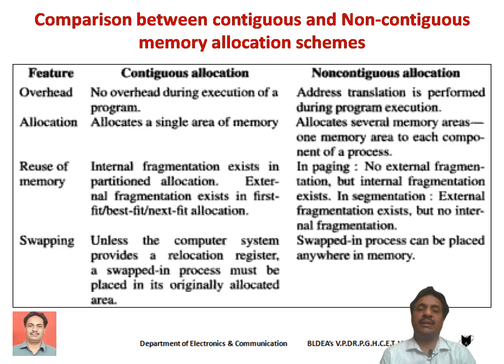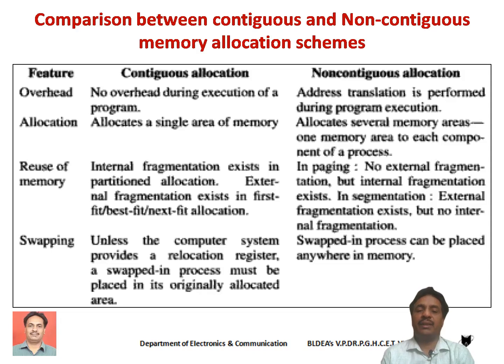Students, this is the comparison between contiguous and non-contiguous memory allocation schemes. Remember, in contiguous allocation, there is no execution overhead, but in non-contiguous allocation, as address translation is required, there will be some overhead.